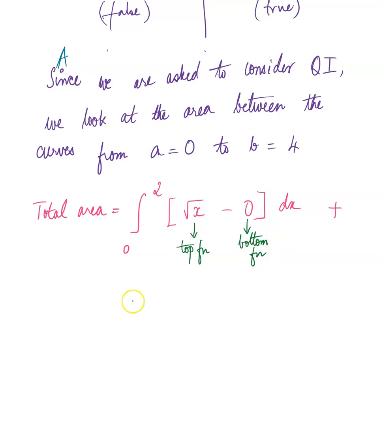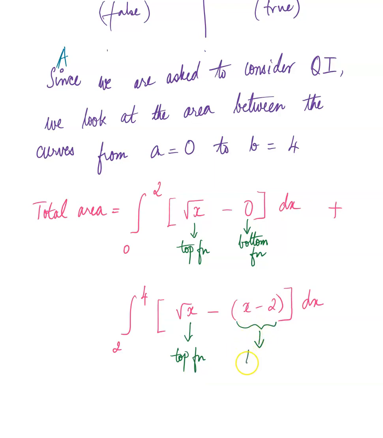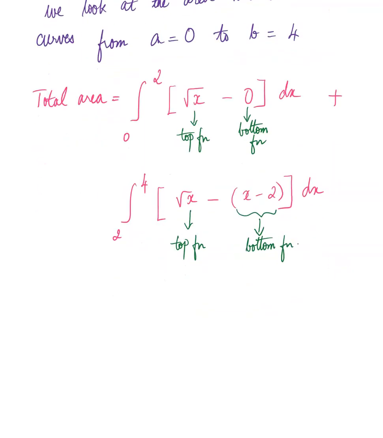And then we went from 2 to 4, and that was square root of x minus the line, x minus 2, dx. Once again, this was our top function. This always dominated, so we had no problem identifying the top function. For the bottom function in the second half, we clearly have the line as the bottom function.